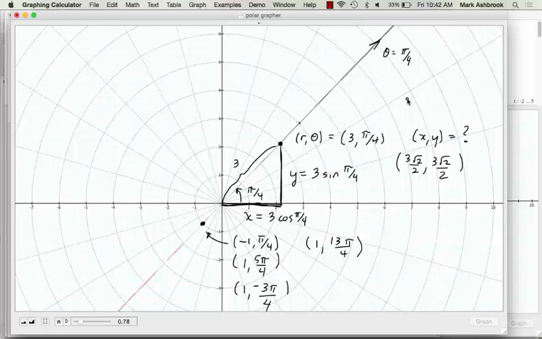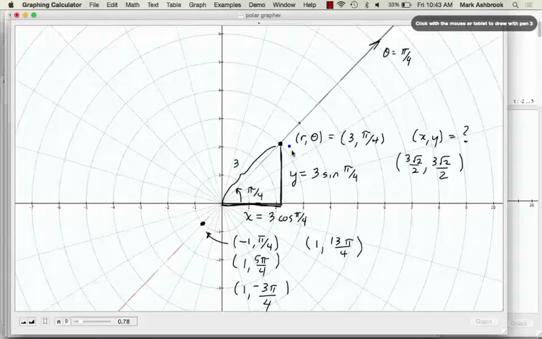In general then, what does x equal? Let's just do a new picture. Does this make sense? Given r and theta, the question is, what are the corresponding x and y coordinates of the point for r and theta?